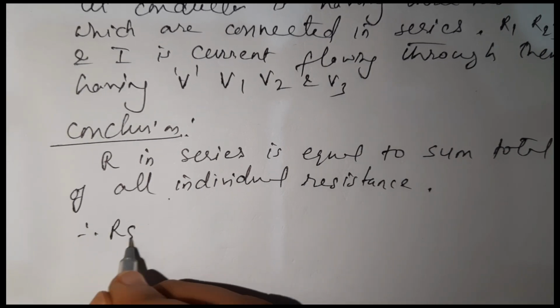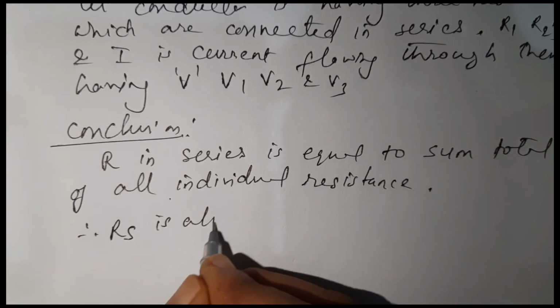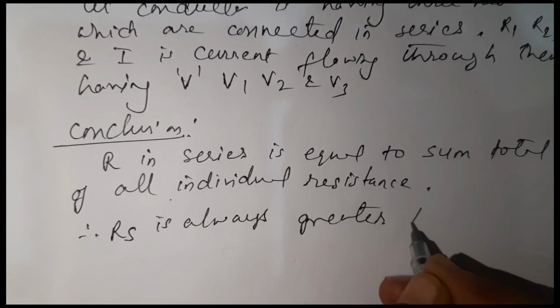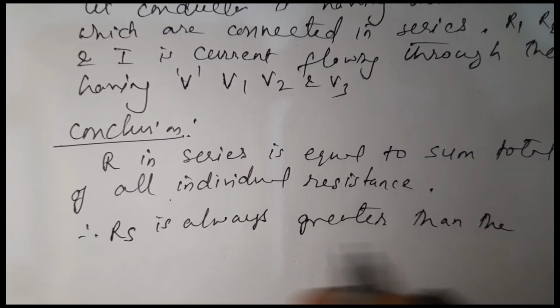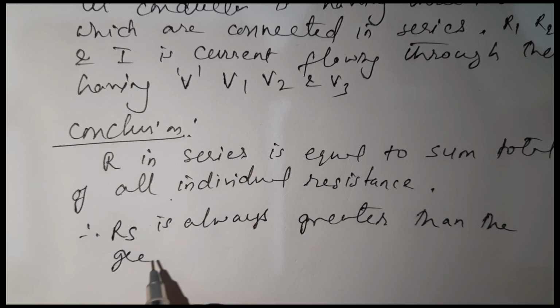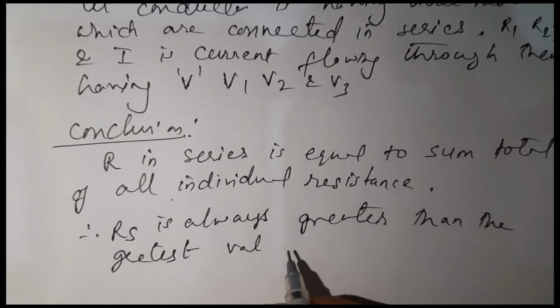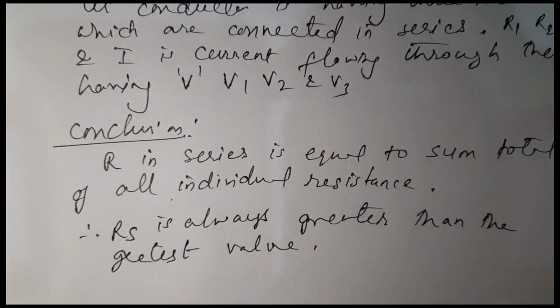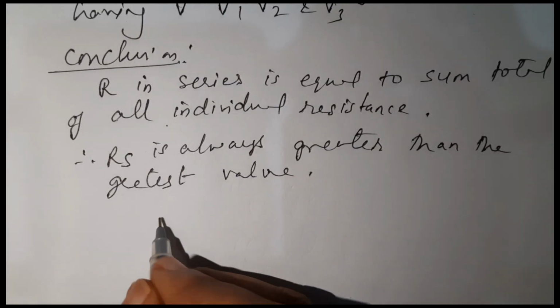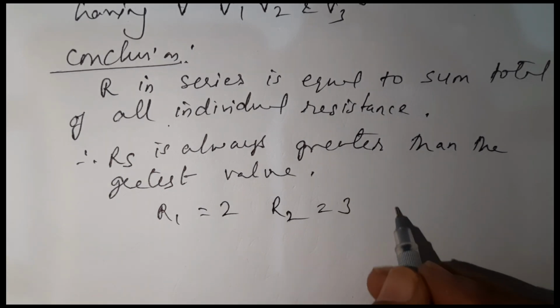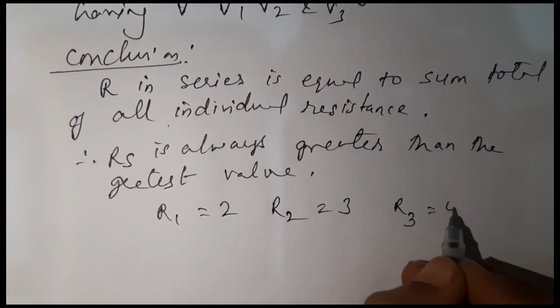Therefore, resistance in series is always greater than the greatest value. What do we mean by greater than greatest? Suppose we have R1 as 2, R2 as 3 and R3 as 4.